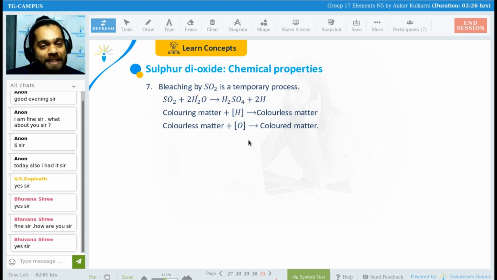So this bleaching. What is this bleaching? Why did I ask you about coloring the hair? Because in that process also we use bleaching. Imagine yourself with a head full of red hair.